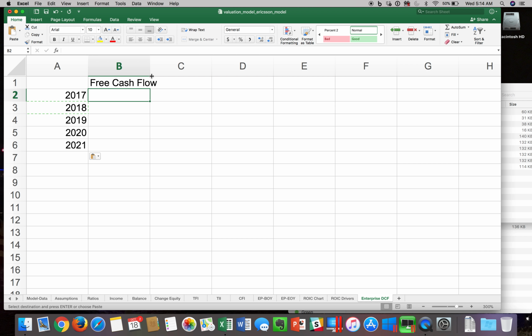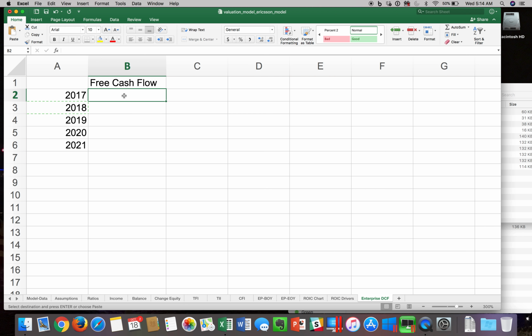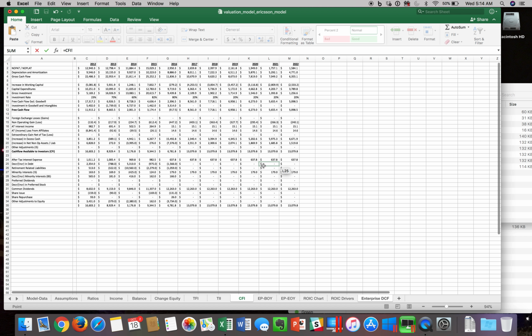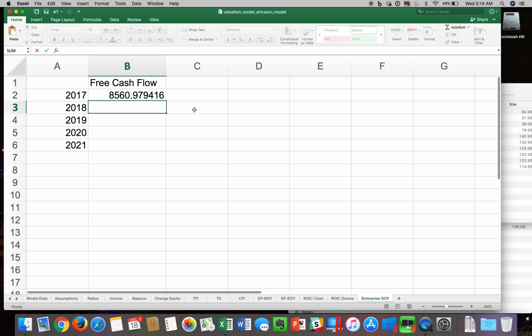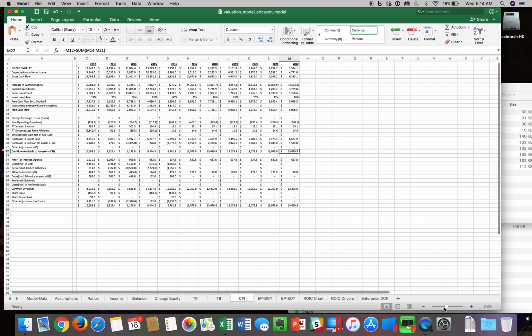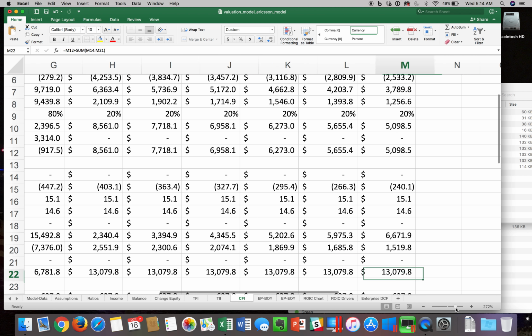So these cash flows come from our CFI. For the 2017 forecasted free cash flow, off of our CFI tab, we want to reference 2017 free cash flow, so that would be H12. I'm going to make this tab a little bit bigger so it's easier to see what I'm referencing.